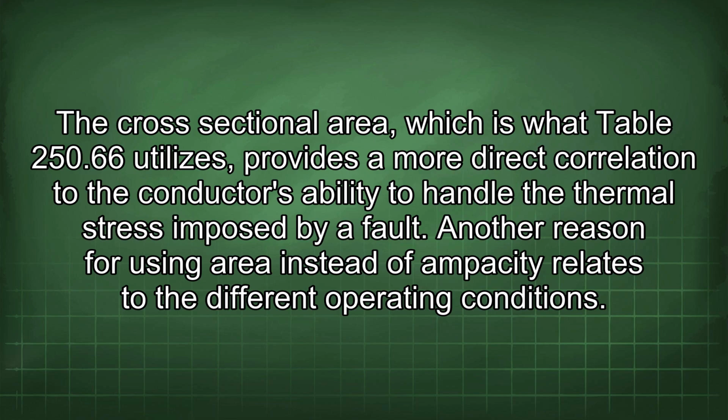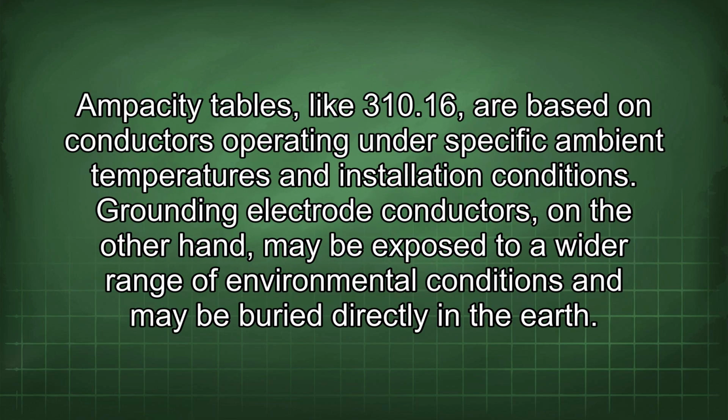Another reason for using area instead of ampacity relates to the different operating conditions. Ampacity tables, like 310.16, are based on conductors operating under specific ambient temperatures and insulation conditions. Grounding electrode conductors, on the other hand, may be exposed to a wider range of environmental conditions and may be buried directly in the earth.